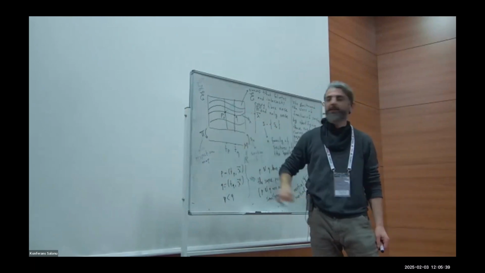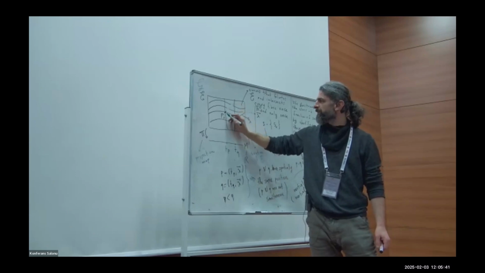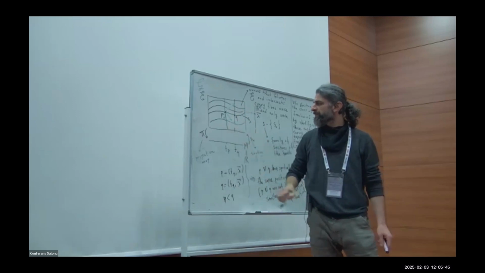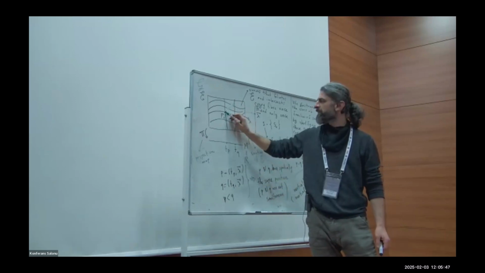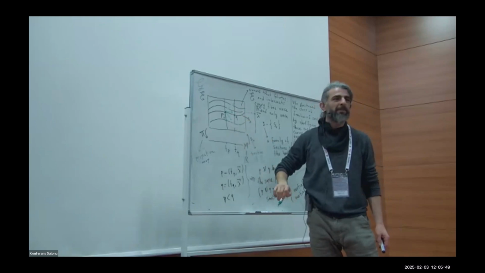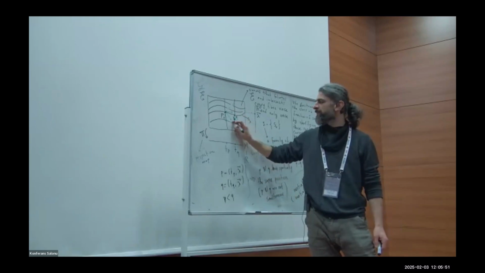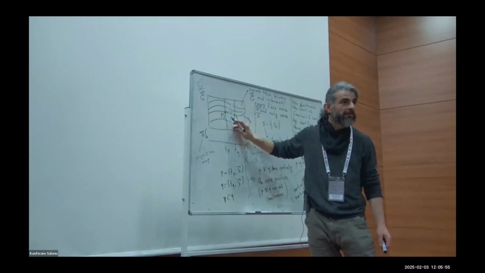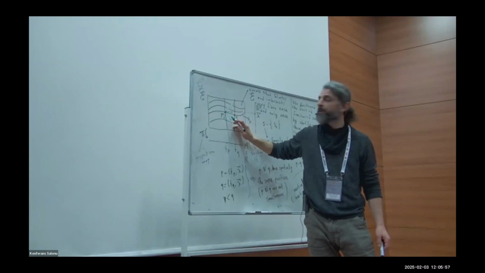So you have a fiber part and the fiber orthogonal part. If this vector is tangent to a fiber, it's special. It's a space-like vector.